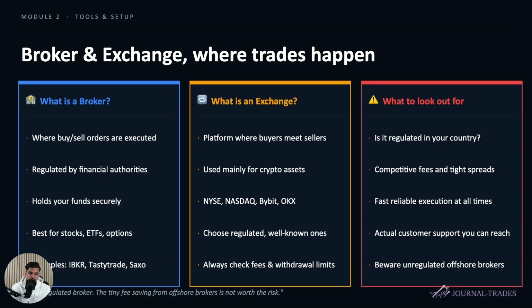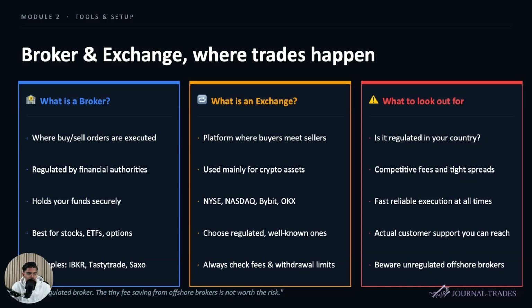And I would prefer using a regulated broker, because the tiny fee saving from offshore brokers is not worth the risk. Essentially, if you're trading with $100,000, $200,000, but even if you're trading with only $1,000 to $5,000, you need to understand that you worked hard for that money. And if you're putting it in an account with an unregulated broker, they essentially can do whatever they want with the money. So that's something you need to keep in your mind.